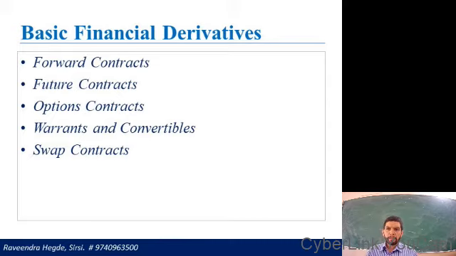In the coming topics, we will learn in detail regarding forward, future, options, swaps and all. In this session, let us have a small idea in a concrete fashion. Let us understand the terms forward, future, options, warrant and swap, and in detail we will understand these things in the future videos.